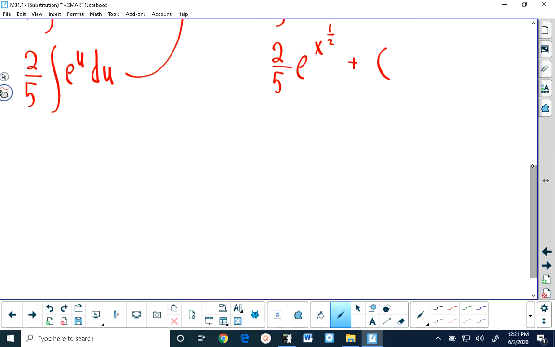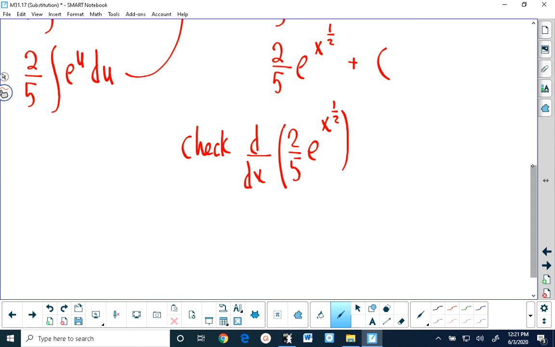If I differentiate, so this is just a check with respect to x, 2/5 multiplied by e to the x to the half, you get 2/5 e to the x to the half, because the derivative of e to the is e to the, times the derivative of the exponent on x, the argument, which would be 1/2 x to the negative 1/2, plus the derivative of the constant is 0.